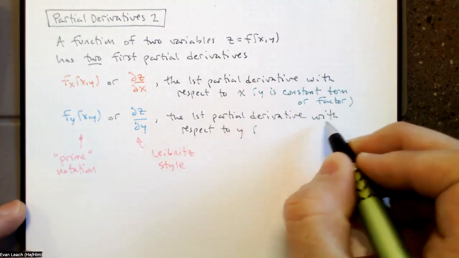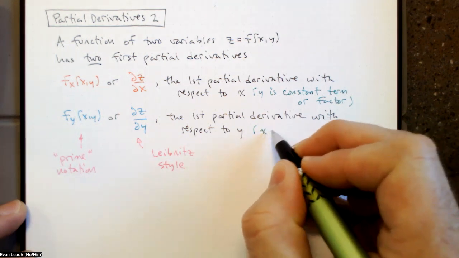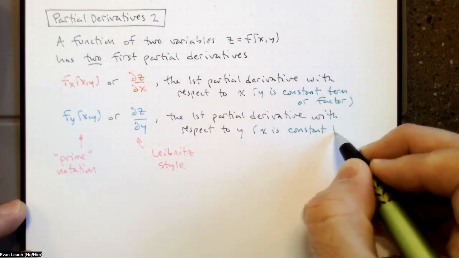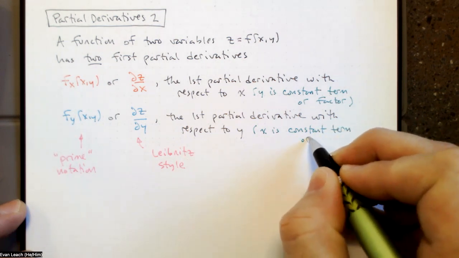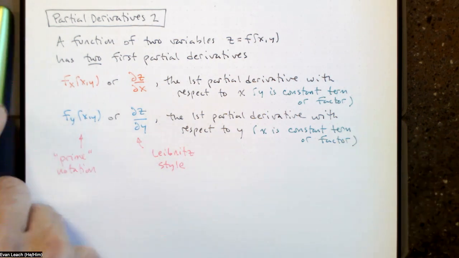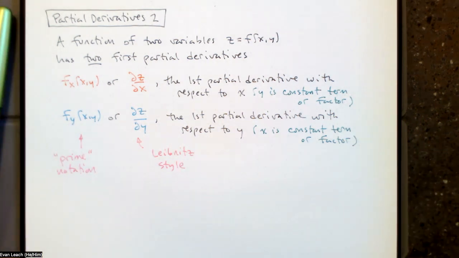When we take the first partial with respect to y, then x is constant, term or factor. Two different ways that we can include a constant. The derivative of a constant factor just gets carried along because the derivative is still a linear transformation.